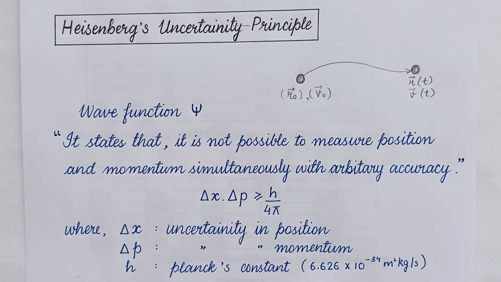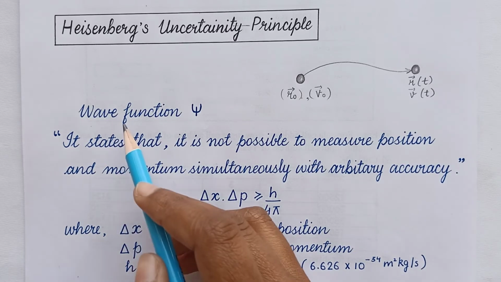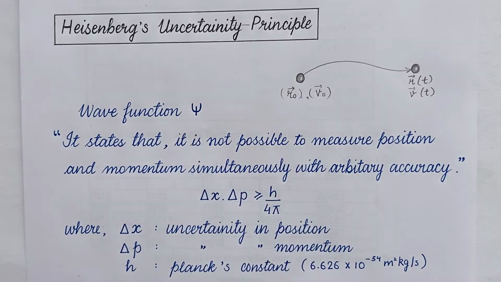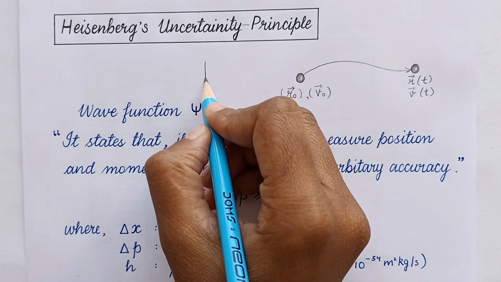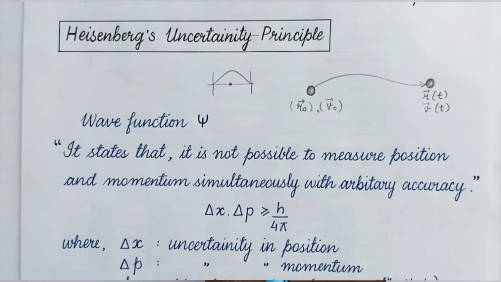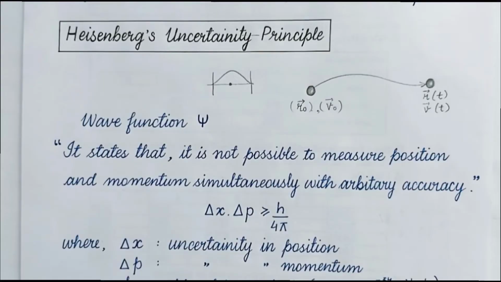Now, since we know that in quantum physics, we represent a particle by a wave function psi, and this wave function is actually spread over a space like this. Why is it considered to be spread?